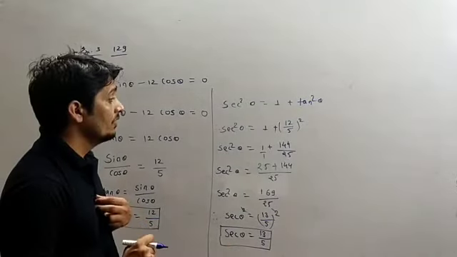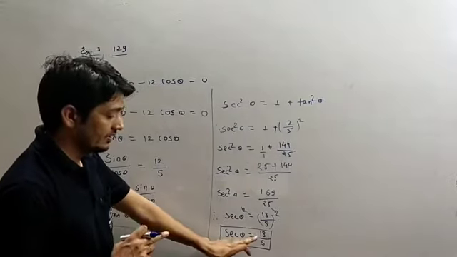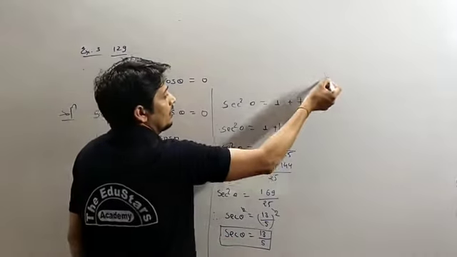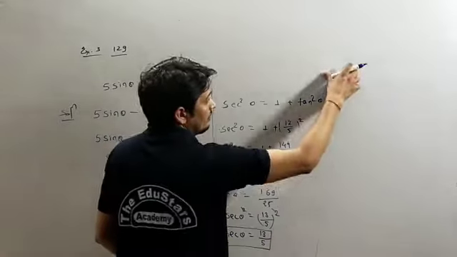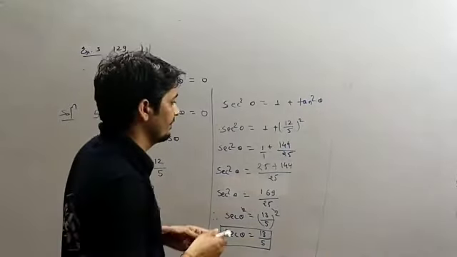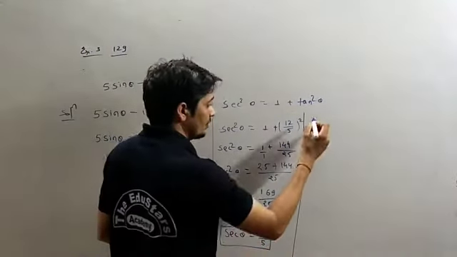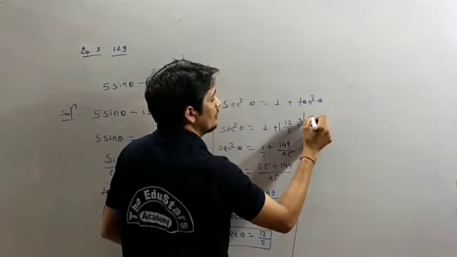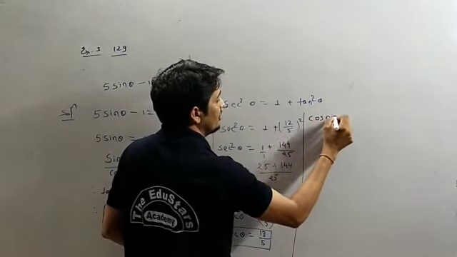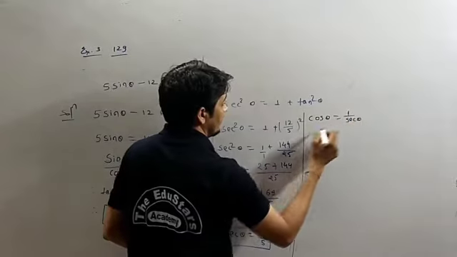Now, sec theta is 13 divided by 5. We know cos theta equals 1 divided by sec theta.